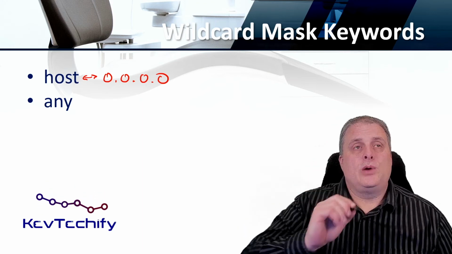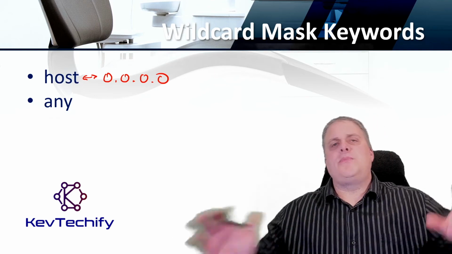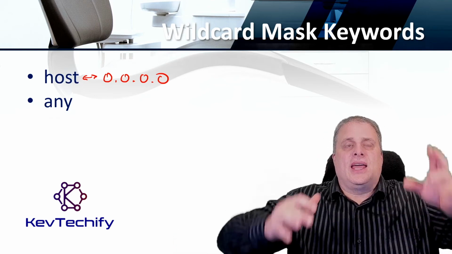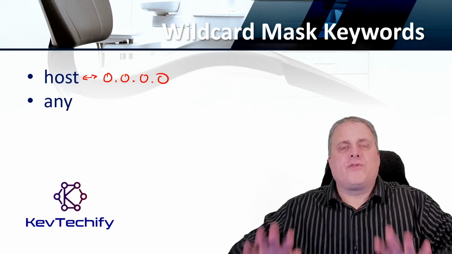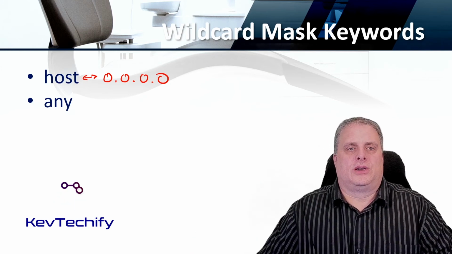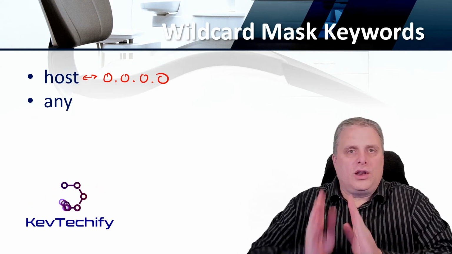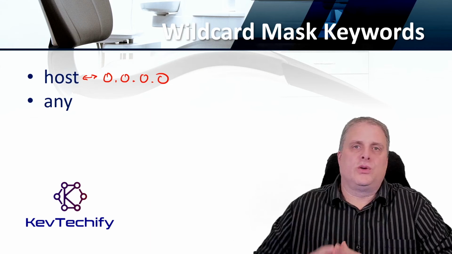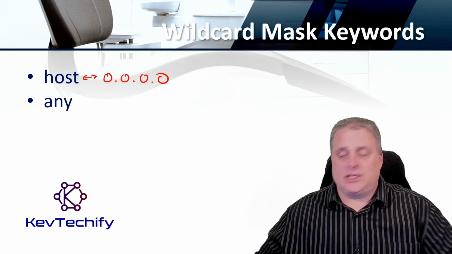The keyword of any. This mask says ignore the entire IP version 4 address and accept any address that's being sent to me. We're going to ignore every one of those 32 bits. Now, to ignore every one of those 32 bits, we have to put a 1 in there because in a wildcard mask, a 1 means ignore. So we're going to have 32 ones. Change that into dotted decimal notation.